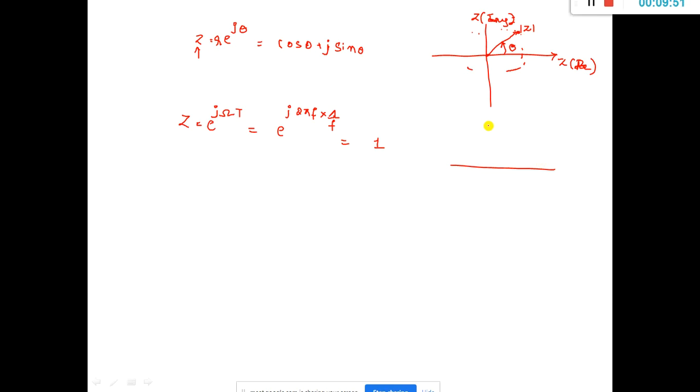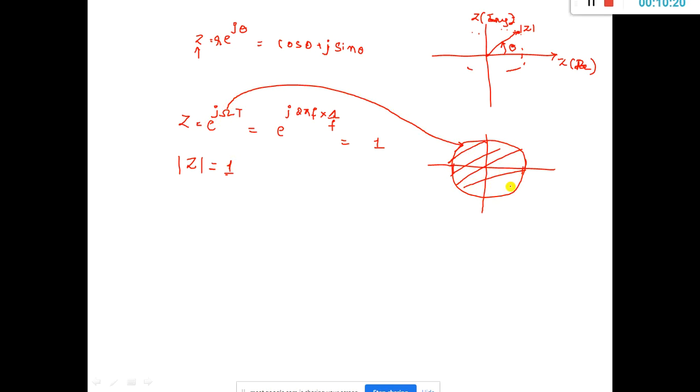So this is the mod of the value, which means that for both plus and minus values, the value lies within the unit circle. That is the meaning of transferring the entire frequency component from analog to digital. So that will lie within this particular range.